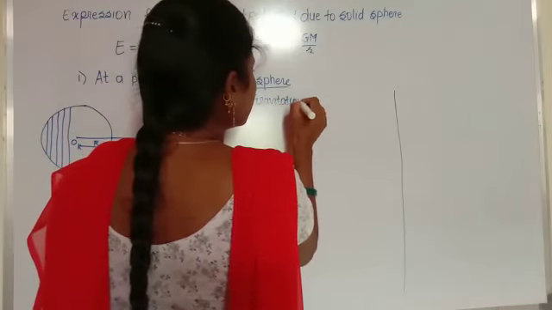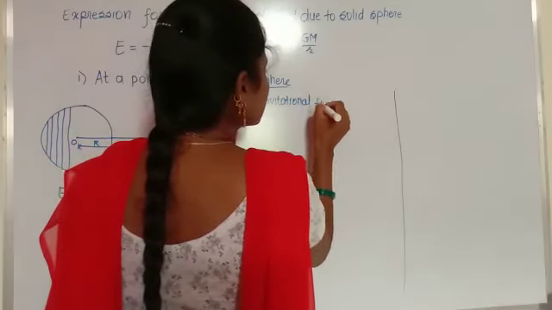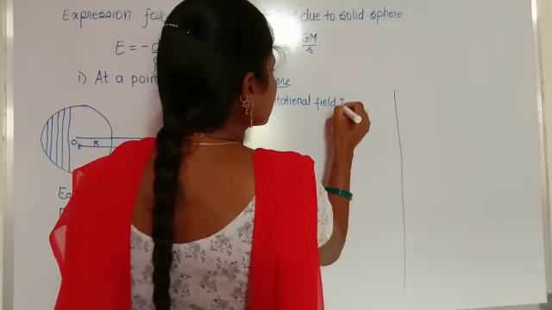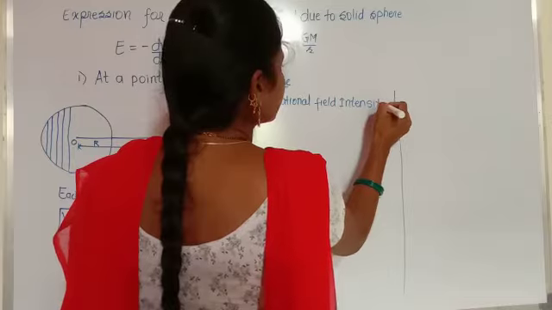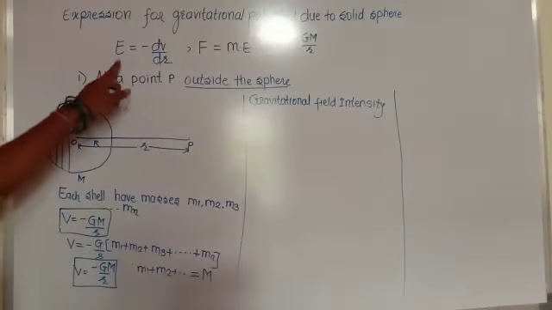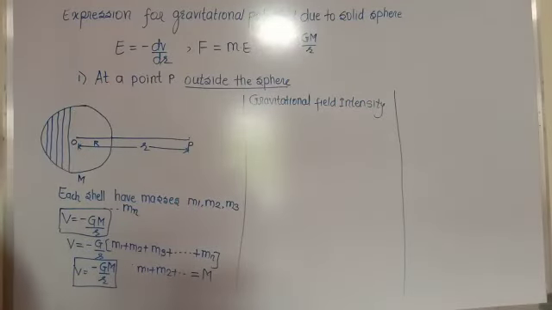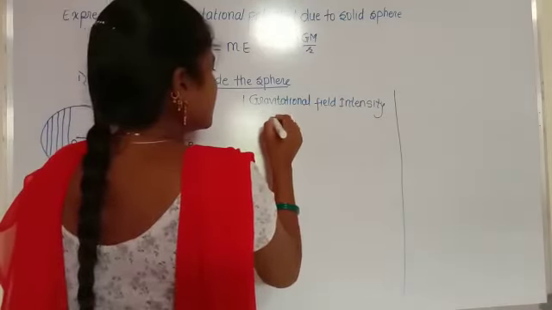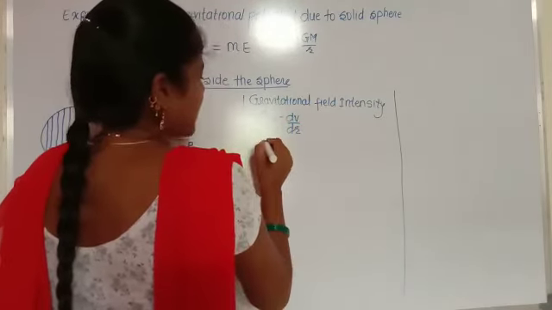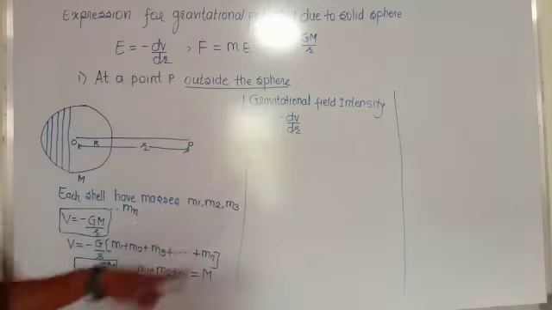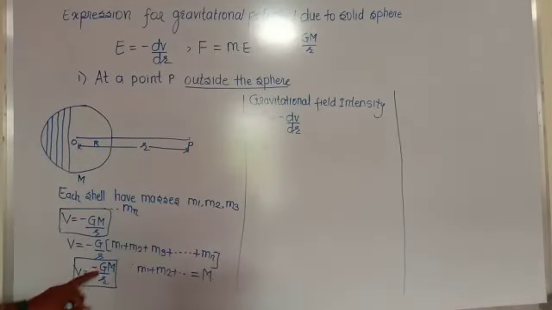Then next is the gravitational field intensity. We know that E is equal to minus dV by dr. So put the value of V. We have V is equal to minus GM by small r.